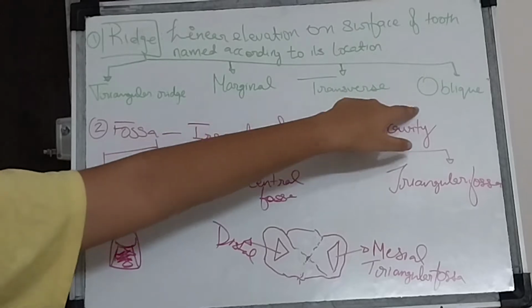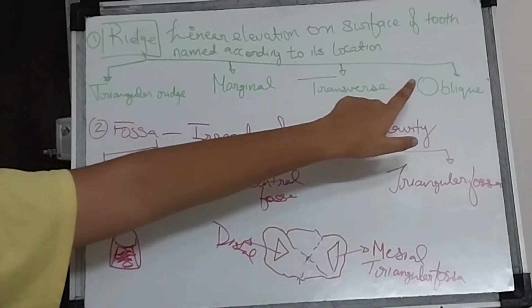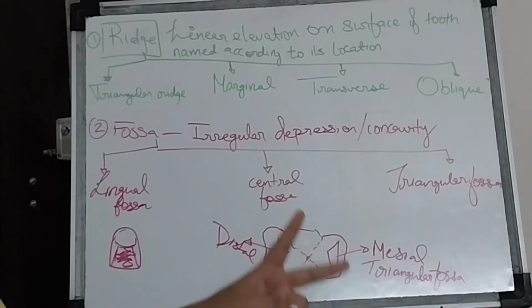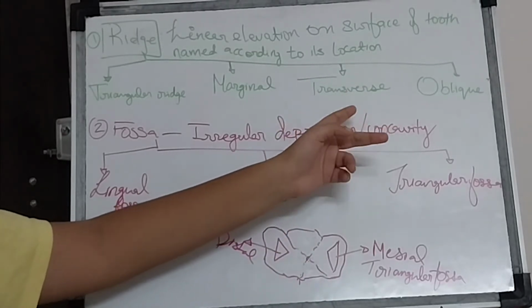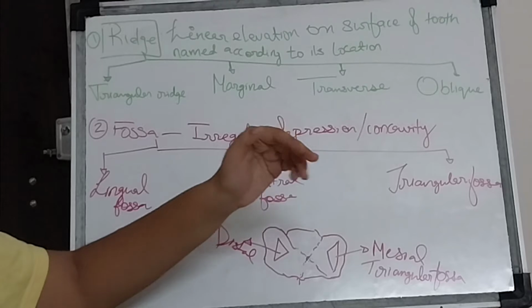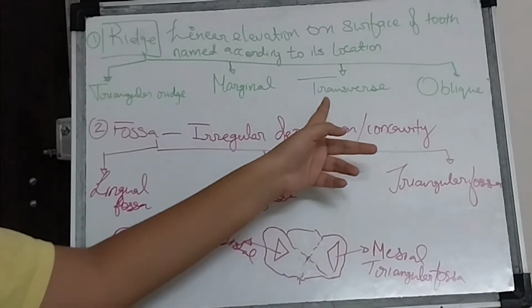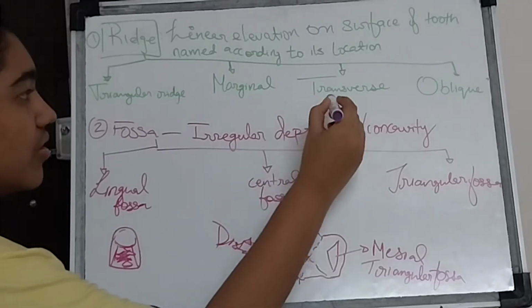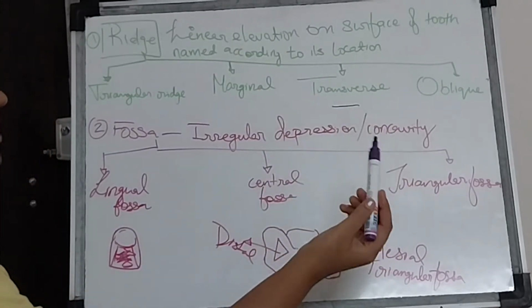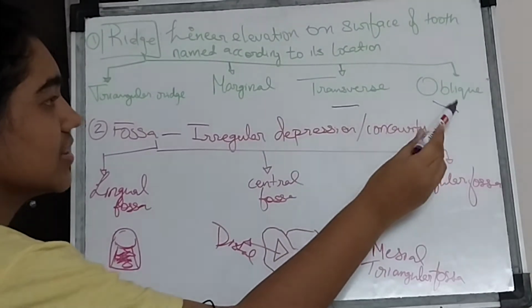That is the only difference. Both are formed by the union of two triangles, but here the ridges of the triangles, that is the sides of the triangle, cross transversely. You know what is transversely, right? Transverse is like horizontally. Okay, transverse section you might know. Obliquely is slant.